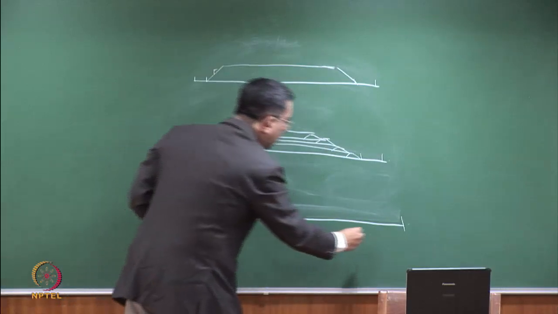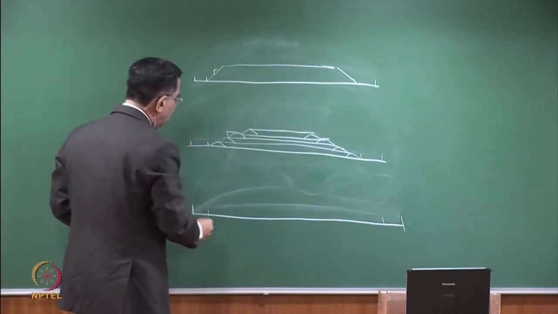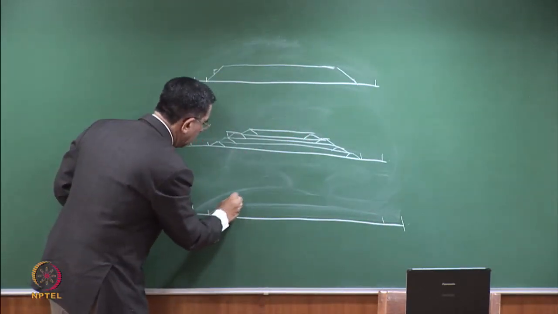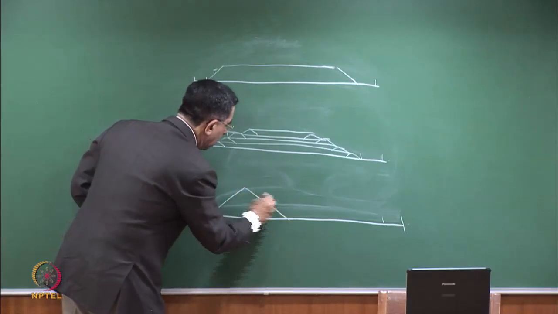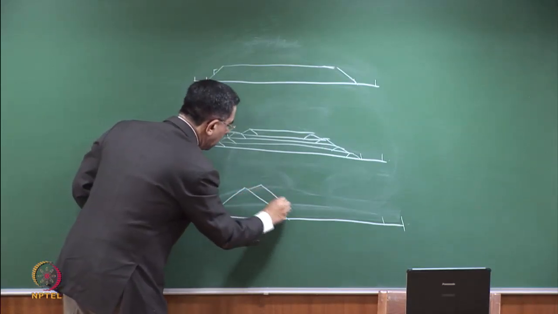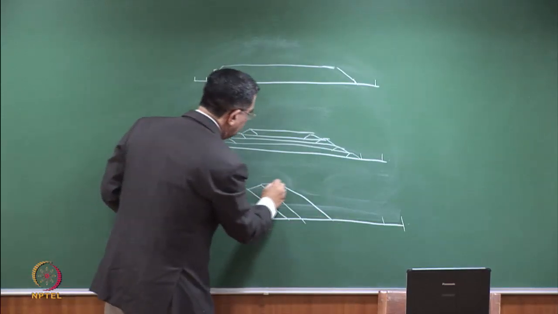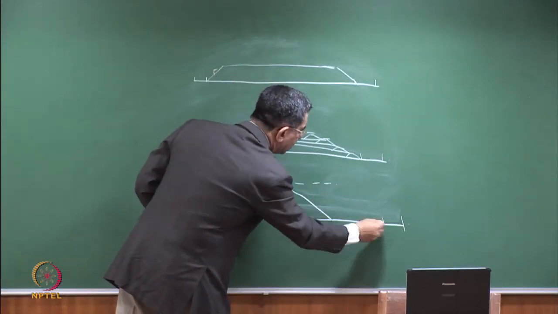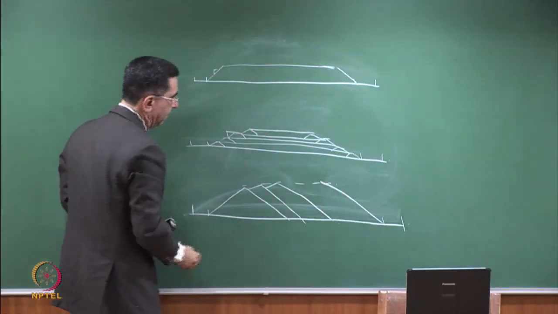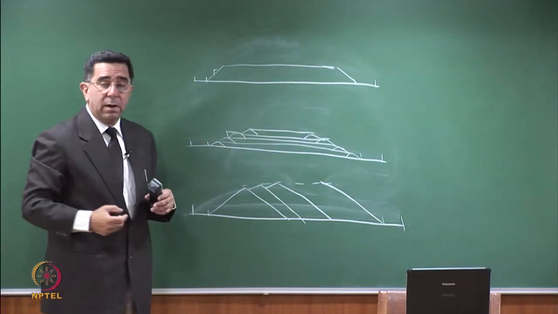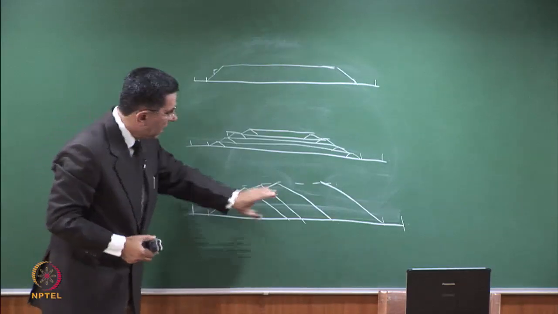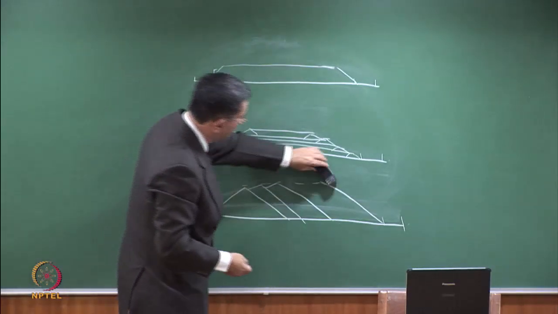You may start here. And then you may have like that. Still in the end, the shape is going to be the same. So remember, to the same height, I should have been, sorry, this is a little higher.